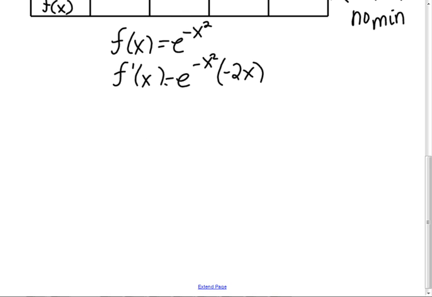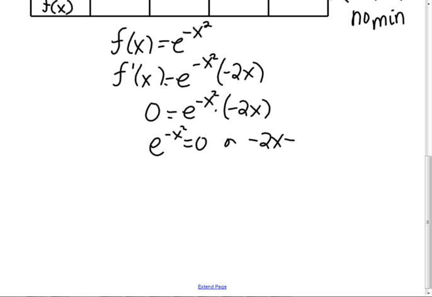And we want to know where this is 0. So I'm going to put my 0 over here. And this is 0 product property. The product of these 2 factors gives me 0. Well, then either e to the minus x squared has to be 0, or minus 2x has to be 0. Well, e to the minus x squared is always greater than 0, so that's not going to work.